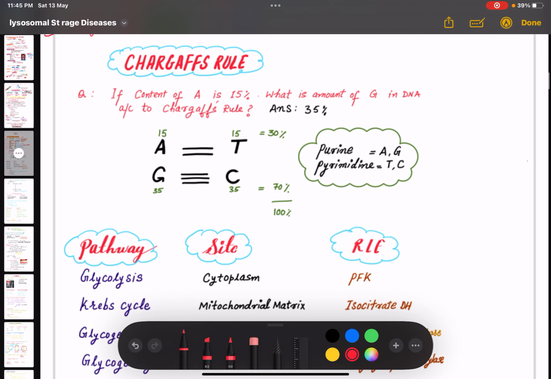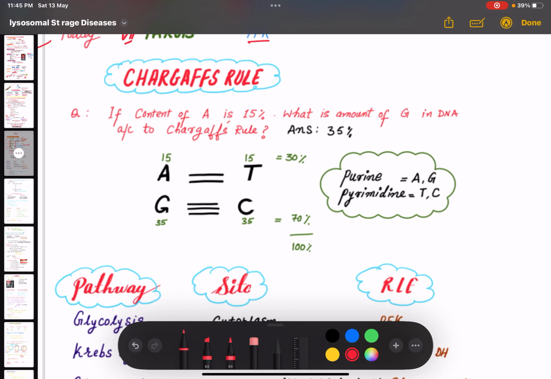Now let's see another important topic, that is Chargaff's rule. See this question. If the content of adenine is 15%, what is the amount of guanine in DNA according to Chargaff's rule? Before doing this question, let's see some points: in DNA we have purines and pyrimidines.